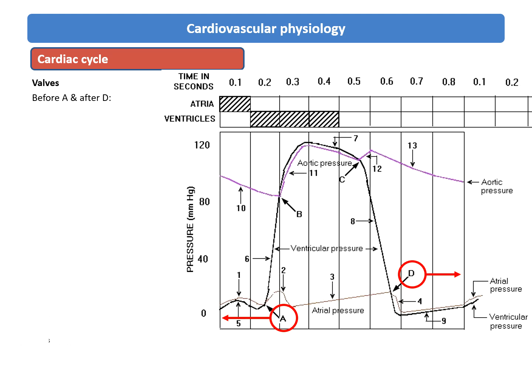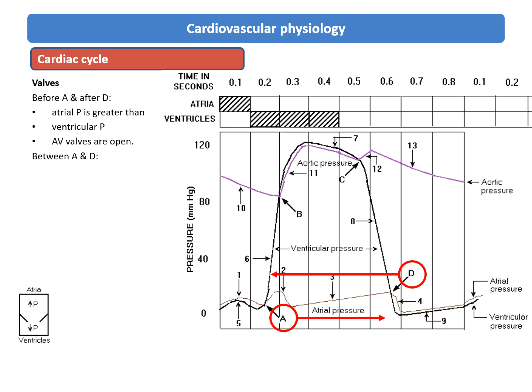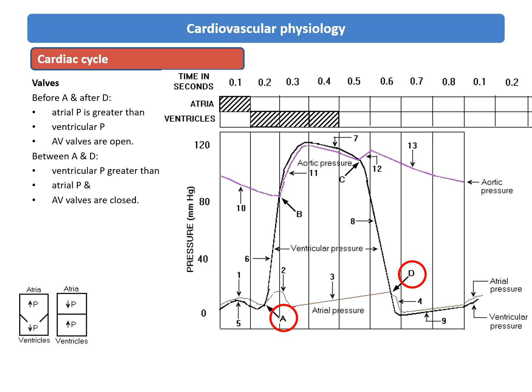Let's look in more detail. Before A, and after D in the graph, atrial pressure is greater than ventricular pressure. AV valves are open. The atrioventricular valves are open. Between A and D, ventricular pressure is greater than atrial pressure.